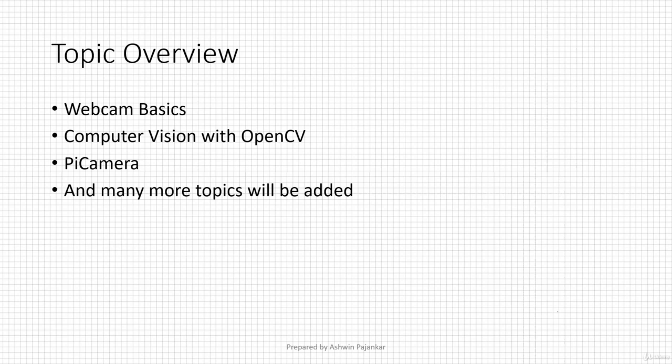And finally, we are going to have a look at PiCamera. So PiCamera is a module in Python, as well as it is a physical camera module specifically manufactured for Raspberry Pi. Though nowadays, many other non-Raspberry Pi boards are also compatible with version 2 of Raspberry Pi camera module.